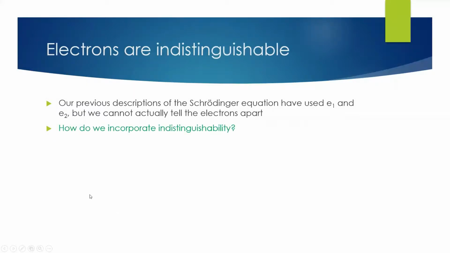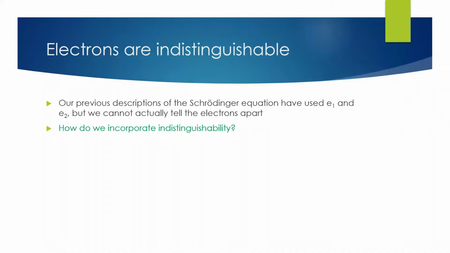We had this nomenclature, an electron 1 and an electron 2, because there are 2 electrons. But there's not an electron that's labeled 1 and an electron labeled 2. I don't know which one is 1 and which one is 2. And if I were to switch them, I wouldn't be able to tell anything has changed. Just like if I rotate a diatomic model 180 degrees, I can't tell that anything has changed there.